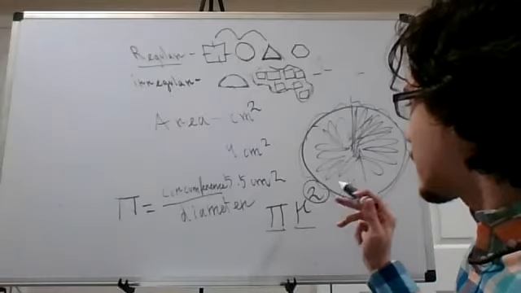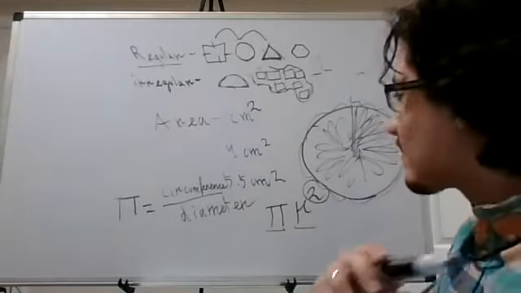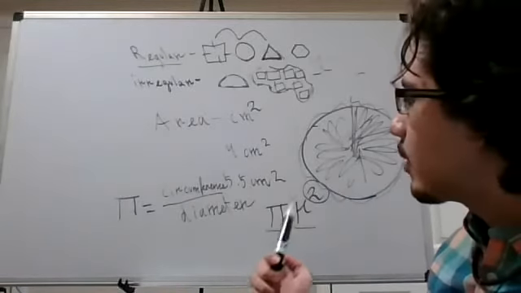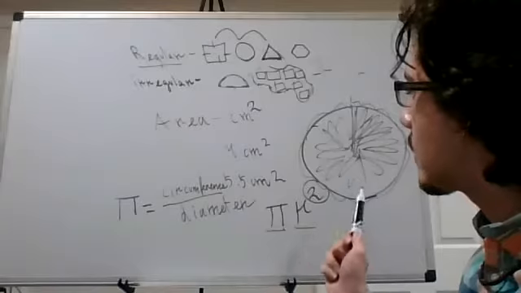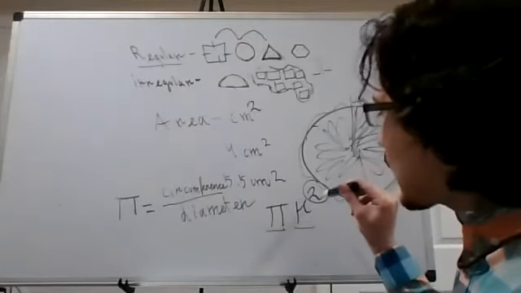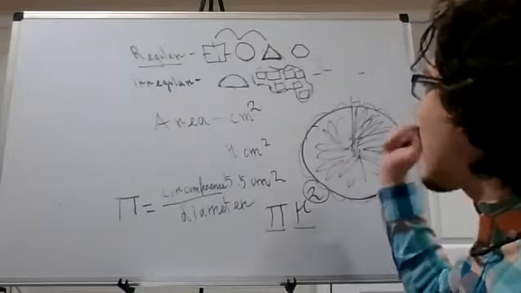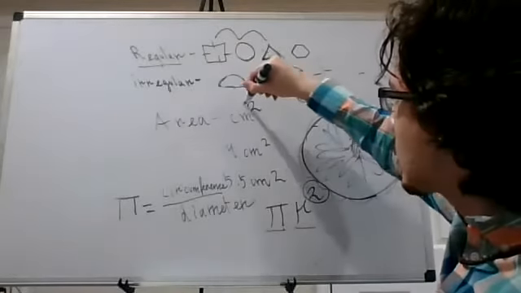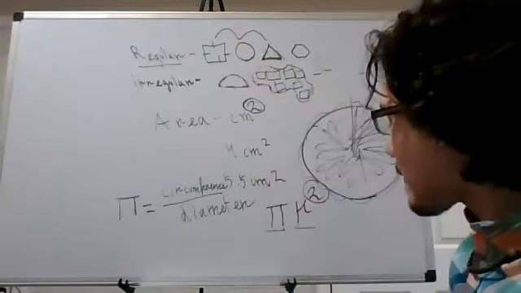So I want you to pay attention to the square. If you just came back, we're talking about how we find the area of a circle. Pay attention to the square because area refers to the square centimeter.